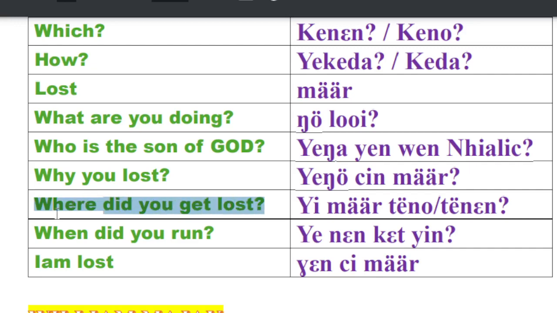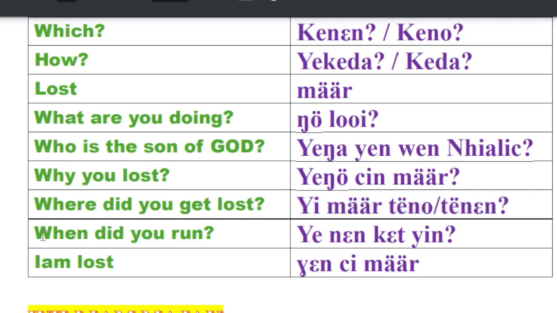You know where is always asking about places or location. So in Dinka, Yimar Tano or Yimar Tanen. Where did you get lost? That is the question.